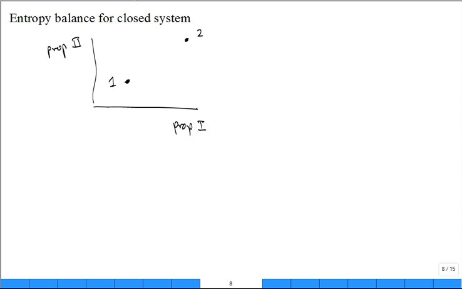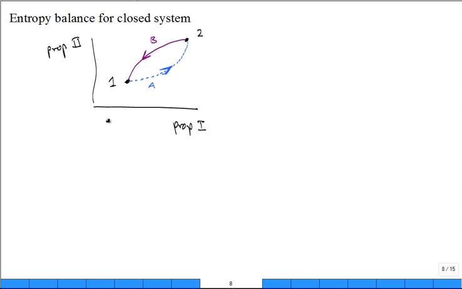We can go from state 1 to state 2 along a path, let's say A, and then we can return along a path from 2 back to 1 along path B. So that makes a cycle, does it not?